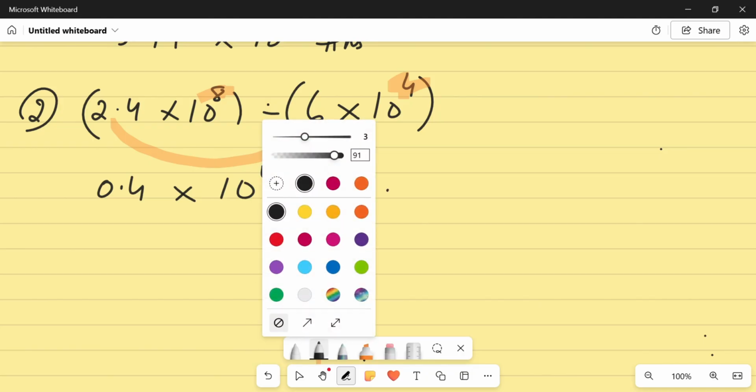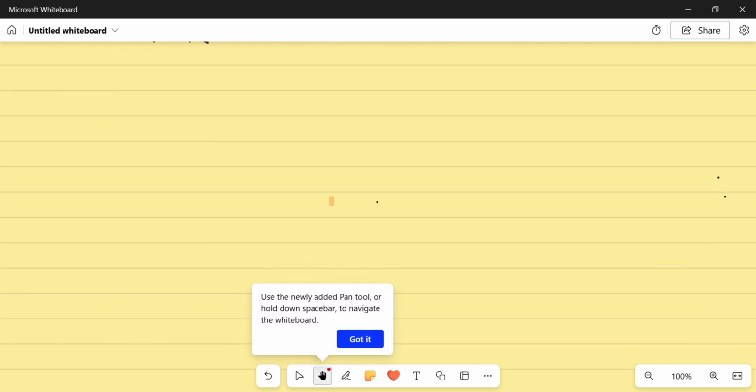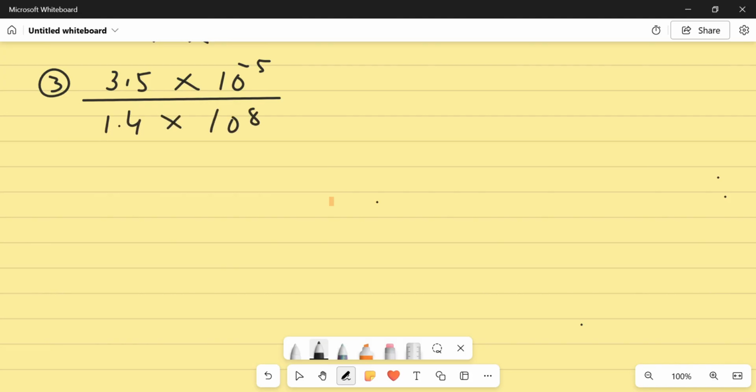Okay, let's solve another question which has a fraction in it. So the next, third part, is 3.5 times 10 to the power minus 5 divided by 1.4 multiplied by 10 to the power 8. It's very easy, students. What we need to do is just change this fraction into a division symbol.